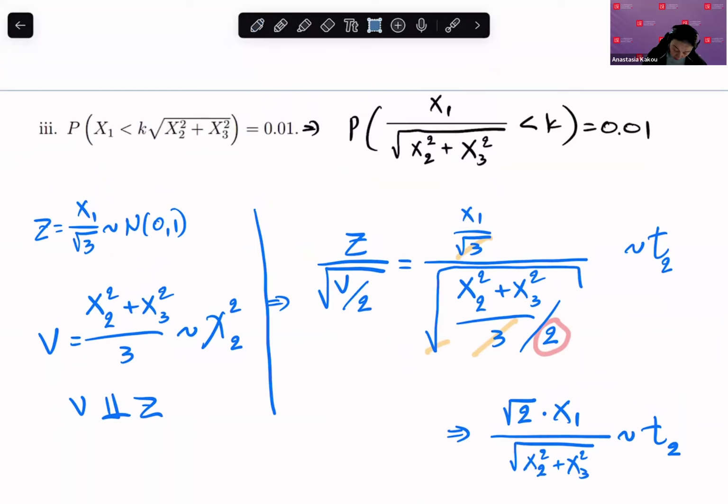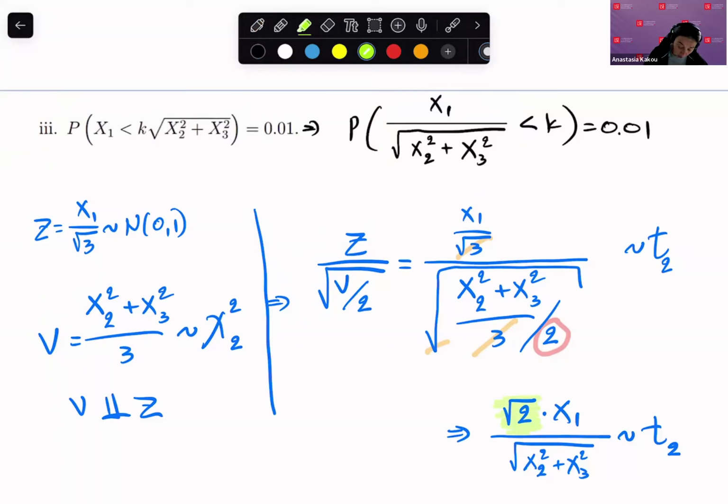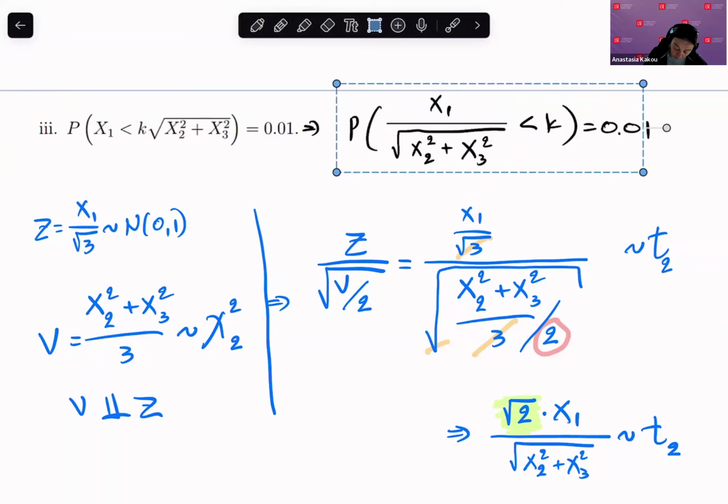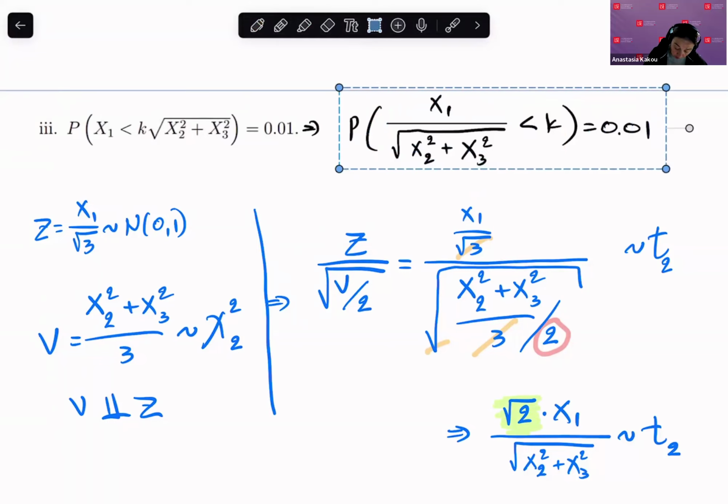So basically we are comparing this term with this term. Okay, and how different are they? The difference between these two is basically this guy here, the square root of 2.